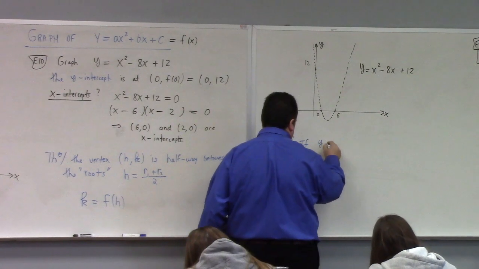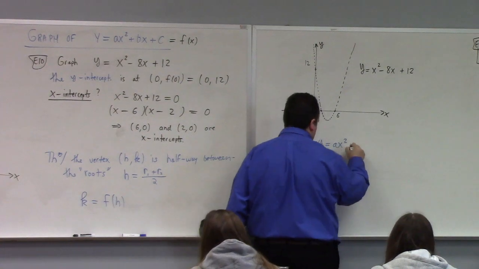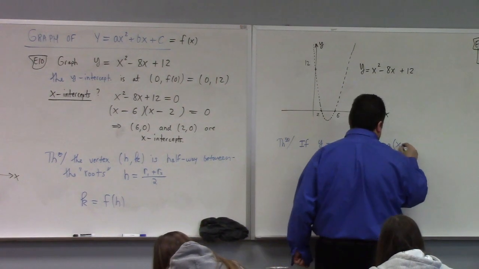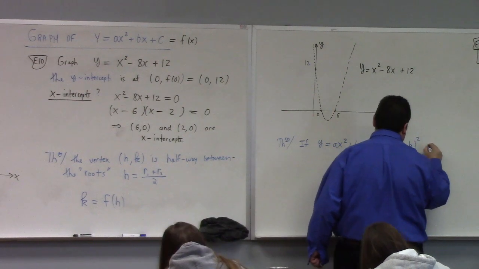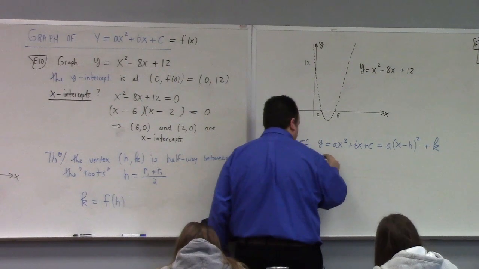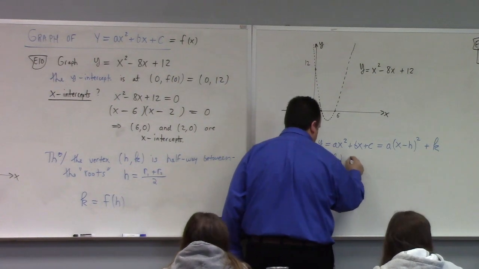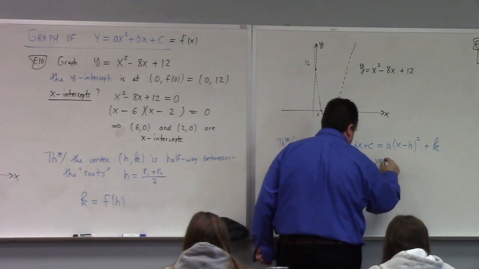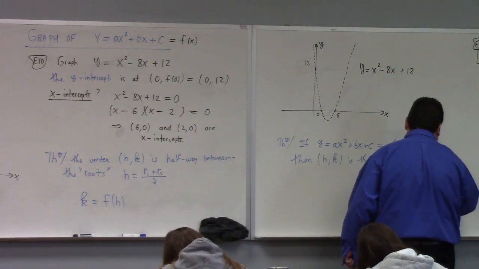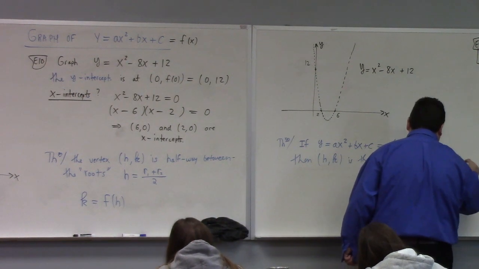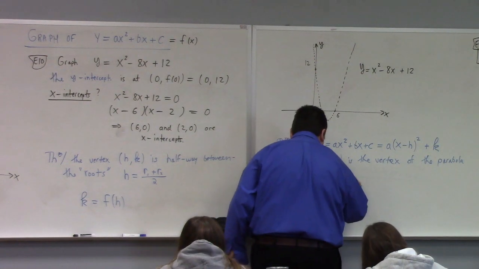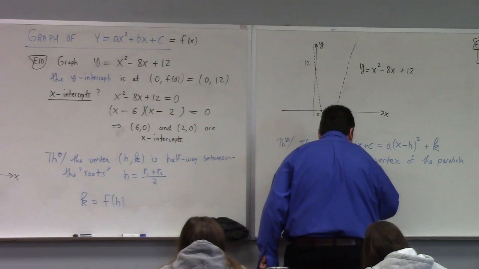If y equals ax squared plus bx plus c is equal to a times (x minus h) quantity squared plus k, then (h, k) is the vertex of the parabola, and x equals h is its axis of symmetry.